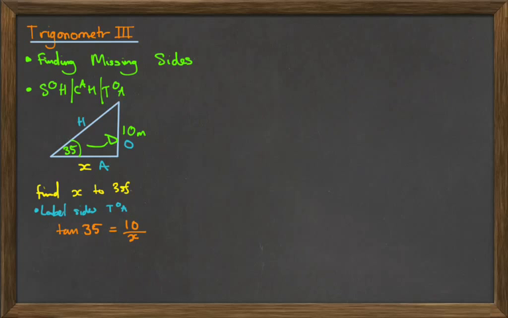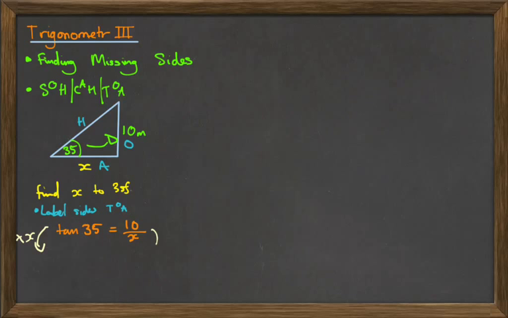So all we need to do now is rearrange this equation to make x the subject. What could we do first? You could pause the video now and see if you could make x the subject yourself, and see if you agree with my answer at the end. So pause the video. The first thing we want to do is multiply both sides by x.